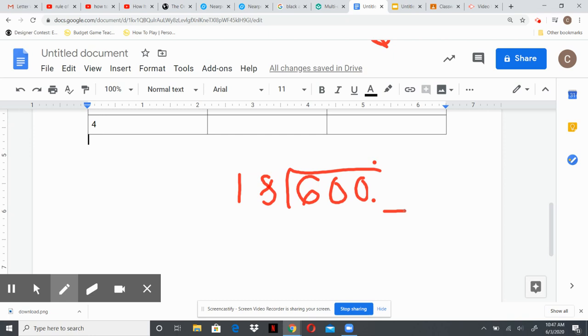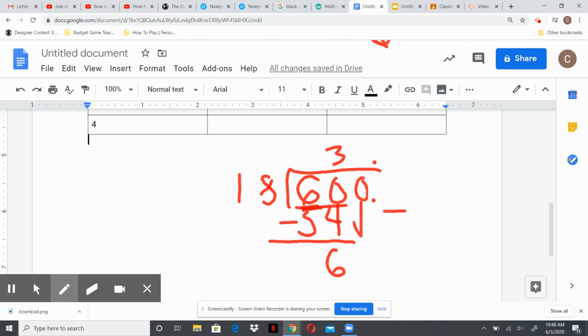So first we need to figure out how many groups of 18 are there in 6? Well, there's 0. So how many groups of 18 are there in 60? If we take 3 groups of 18, that gives us 54. Now I subtract 54 from 60, and that gives me a difference of 6.